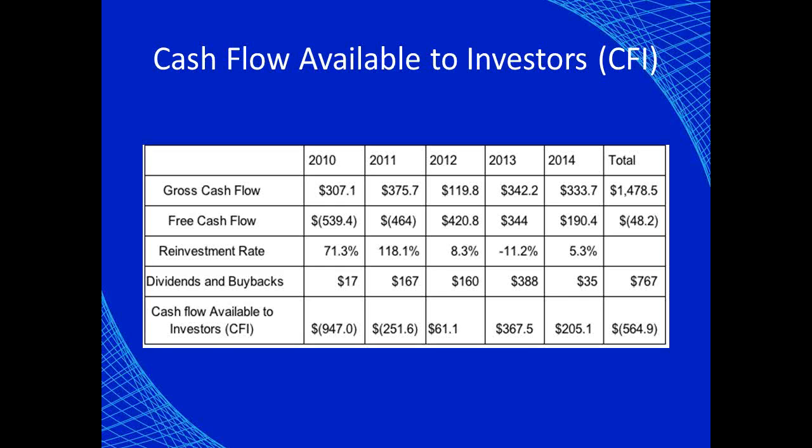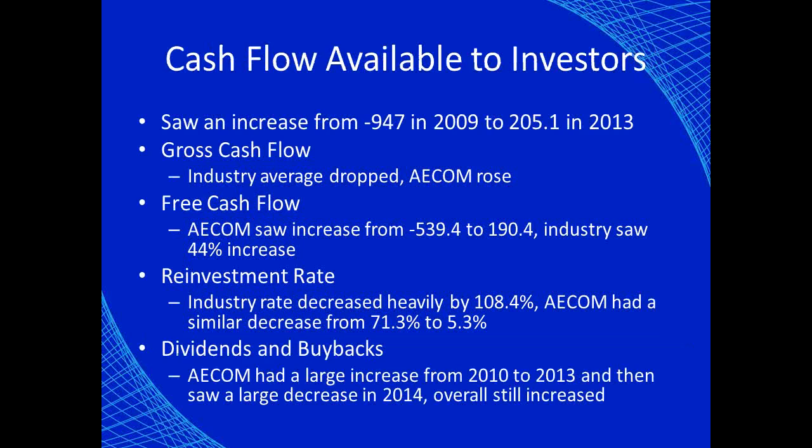So here's the cash flow available to investors, and one of the things that led to the increase of CFI was that the gross cash flow in the industry dropped, but AECOM saw a rise in gross cash flow. AECOM saw an increase from negative $947 million in 2009 to $205.1 million in 2013.